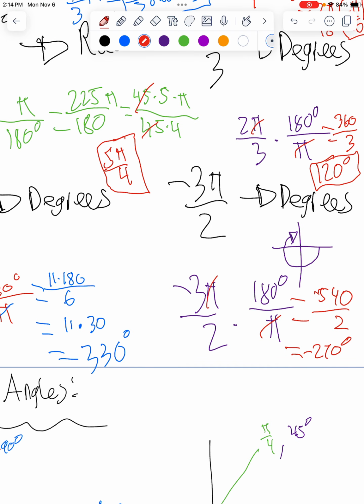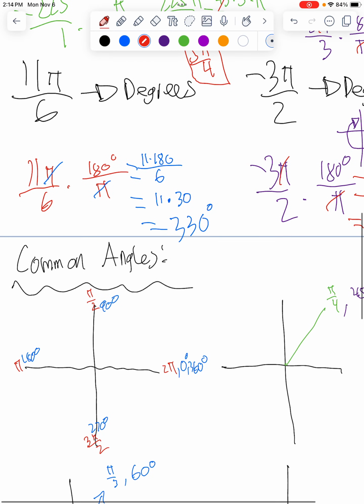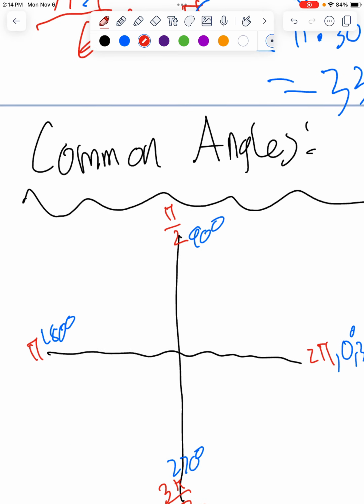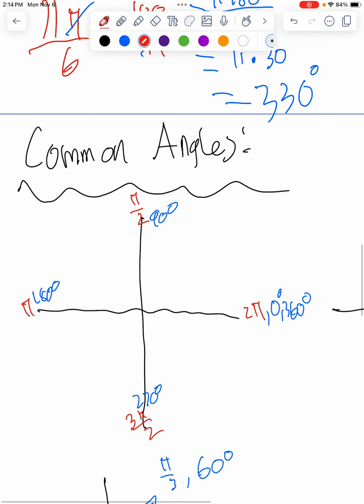And we're going to talk about another way that we could potentially get this. Again, we're going to look at some common angles. One of the very first ones we talked about was 360 degrees equals 2 pi. So if I were to go all the way around from where I started to where I ended, that would be 360 degrees. Or it's 0. Maybe I never left.